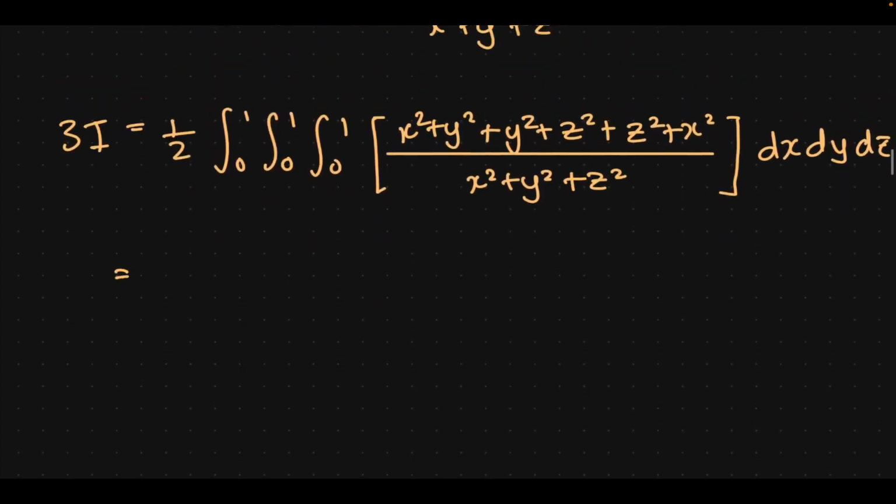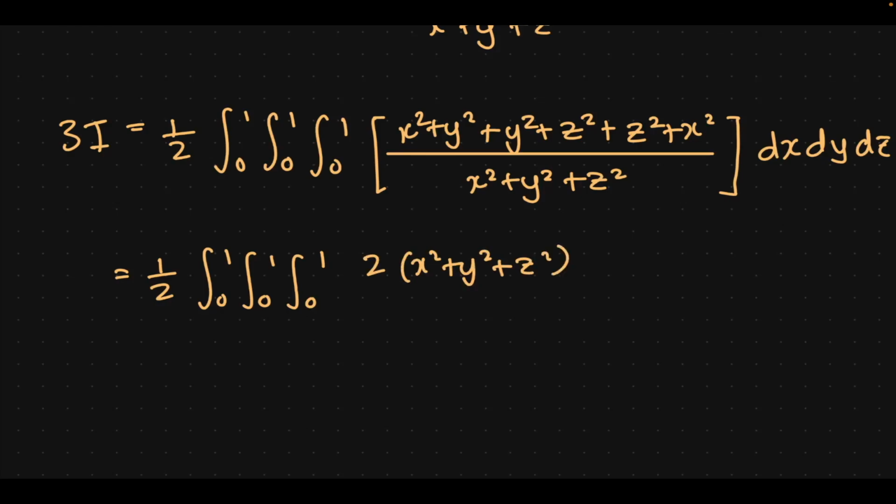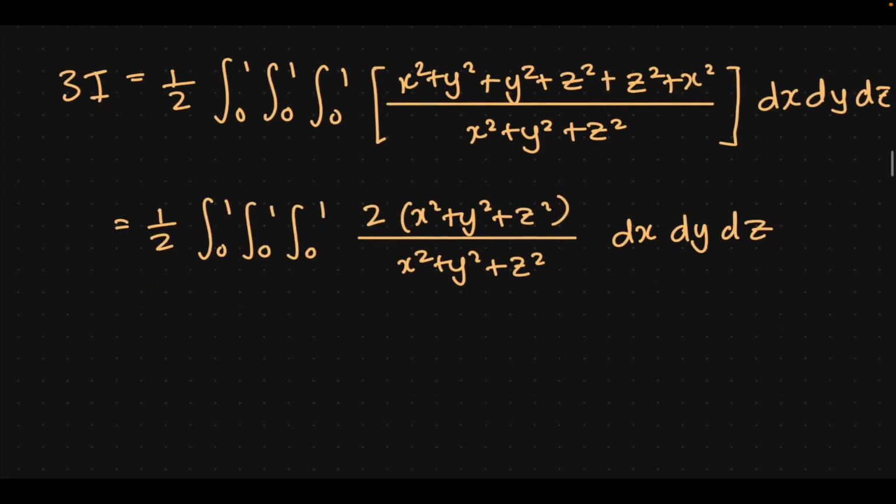Perfect. Now we see that there's repetitive terms. So we have x squared and x squared. So that's 2x squared, 2y squared, and 2z squared. So that's 2 times x squared plus y squared plus z squared, all of that divided by x squared plus y squared plus z squared dx dy dz.